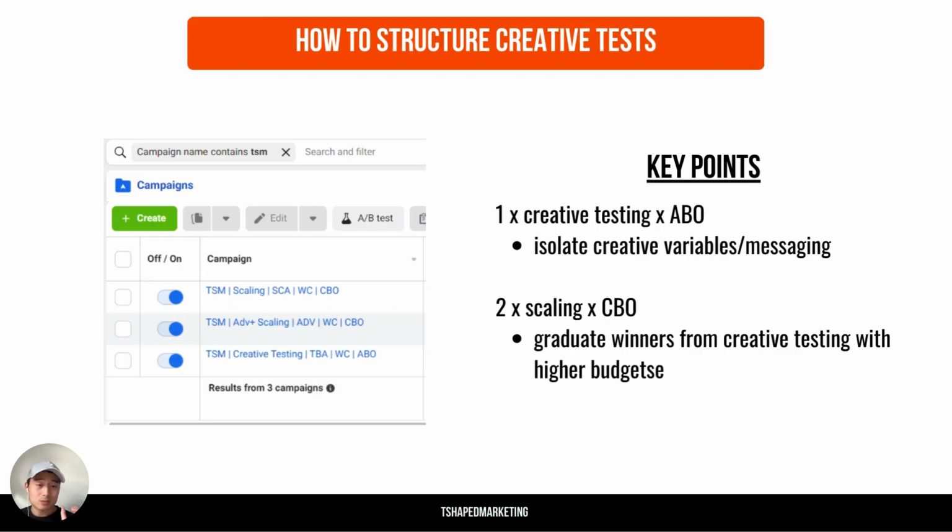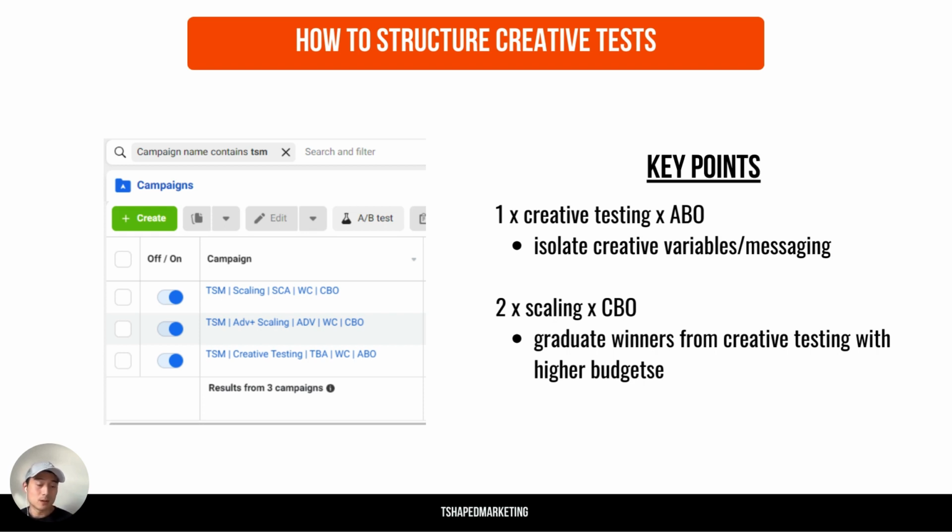This is how you could structure your creative test, and this is personally how I do it. I have three campaigns. One is a creative testing campaign, as you can see, set as ABO. The second one is Advantage Plus scaling at a CBO.